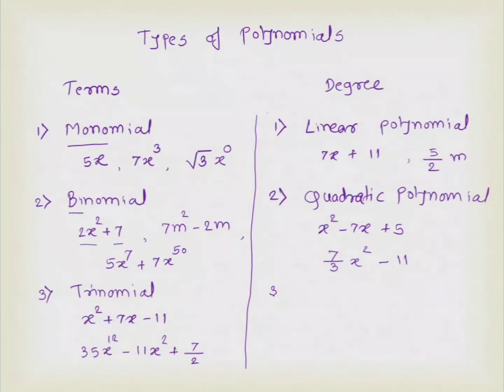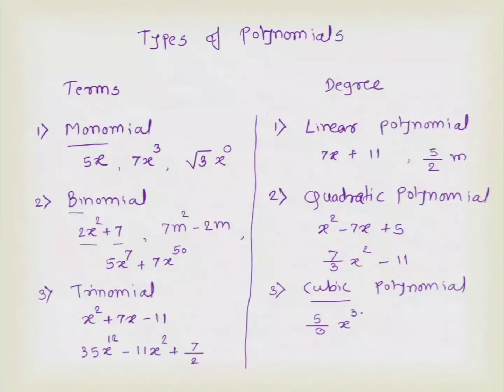And the last type of polynomial based on the degree is a cubic polynomial. Here also, as the name suggests, if the degree of the polynomial is 3, then it is called a cubic polynomial. For example, 5 divided by 3 x cube.